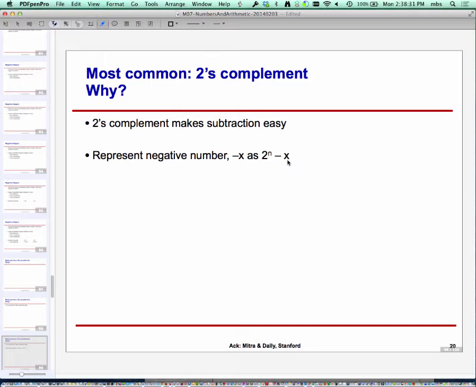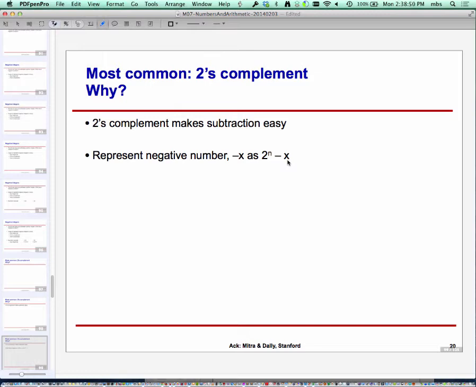And that would be a positive number. And then I'm going to use my normal way of representing positive numbers. So whenever I see a negative number, I'm going to replace it by 2 to the power n minus x. And the resulting positive number is what I will express, and we say that represents minus x.